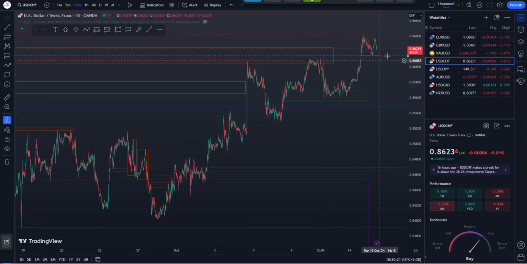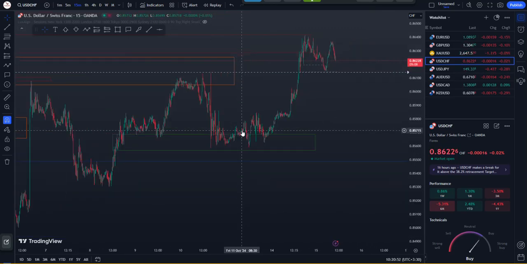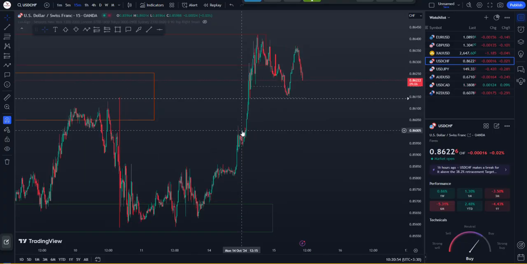But for now, I'm waiting for engulf of this one, and maybe can go short to reach here actually, or here actually, but there is good space in the lowest scale, and with more odds it gives us a good risk to reward trade. Okay, this is here.